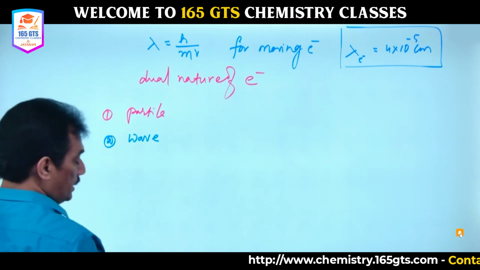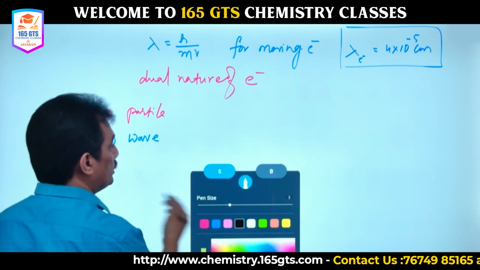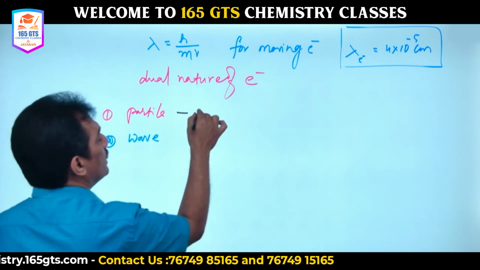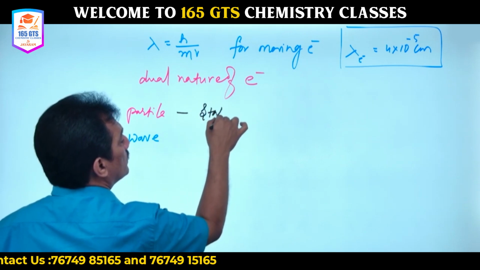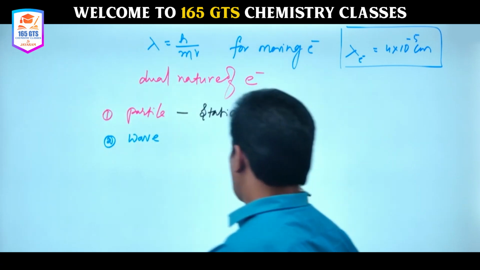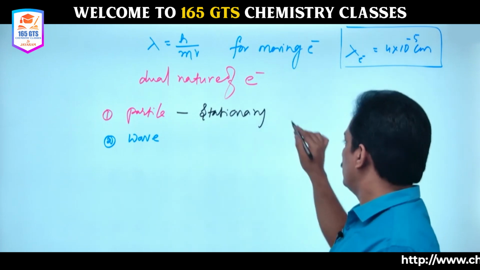Now, the particle nature and wave nature, where can we observe these two? Particle nature, just remember, is mostly for stationary electrons. Stationary means almost all slow moving, almost all standing electrons.